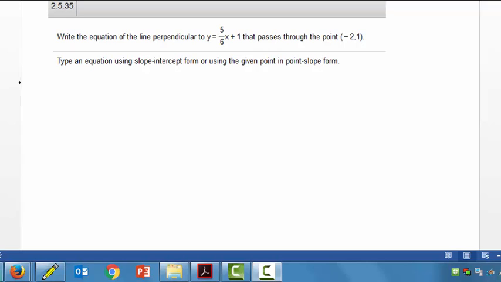Now our last problem is the problem where we want to write a line equation that is perpendicular to the line. We'll call this line L1. Y equals 5/6 x plus 1. And notice the line we're trying to find, we're going to call L2.